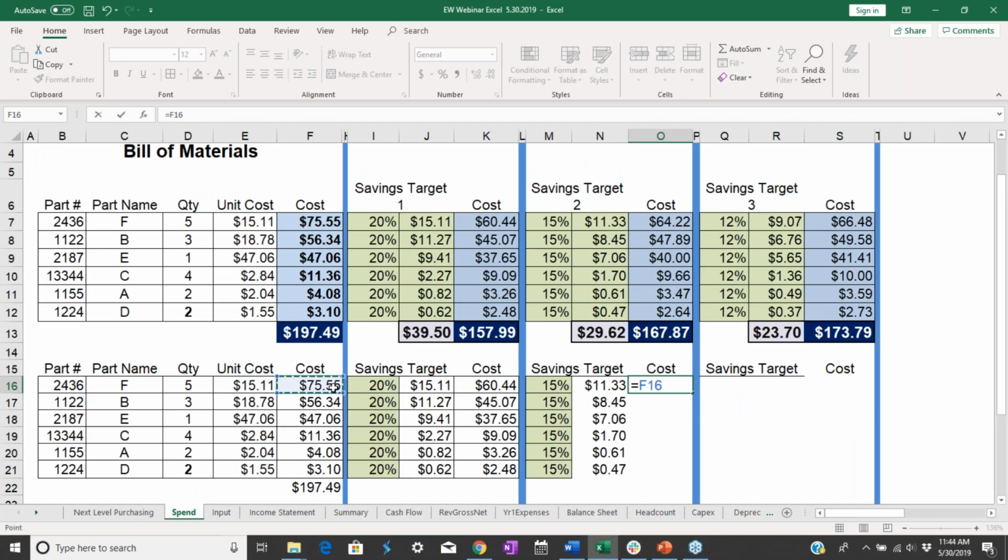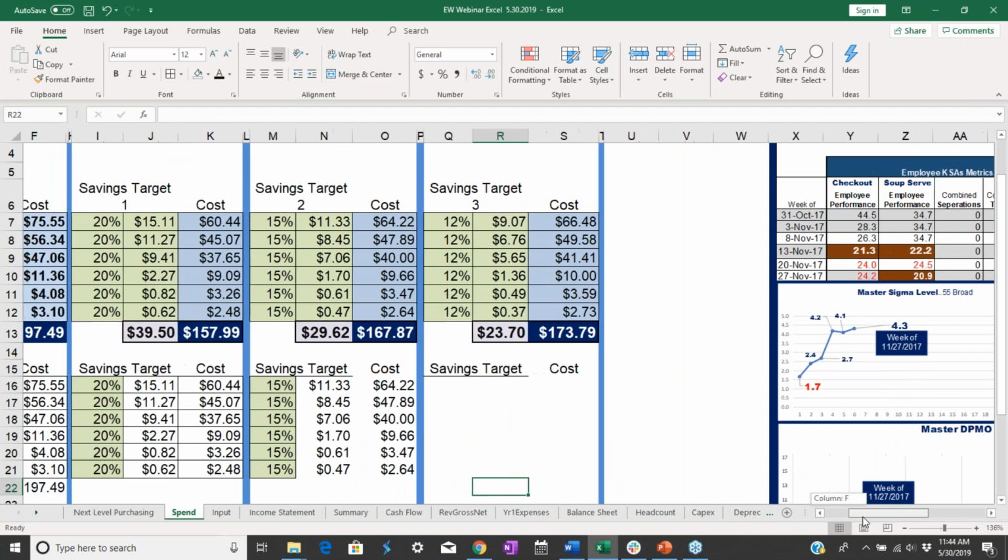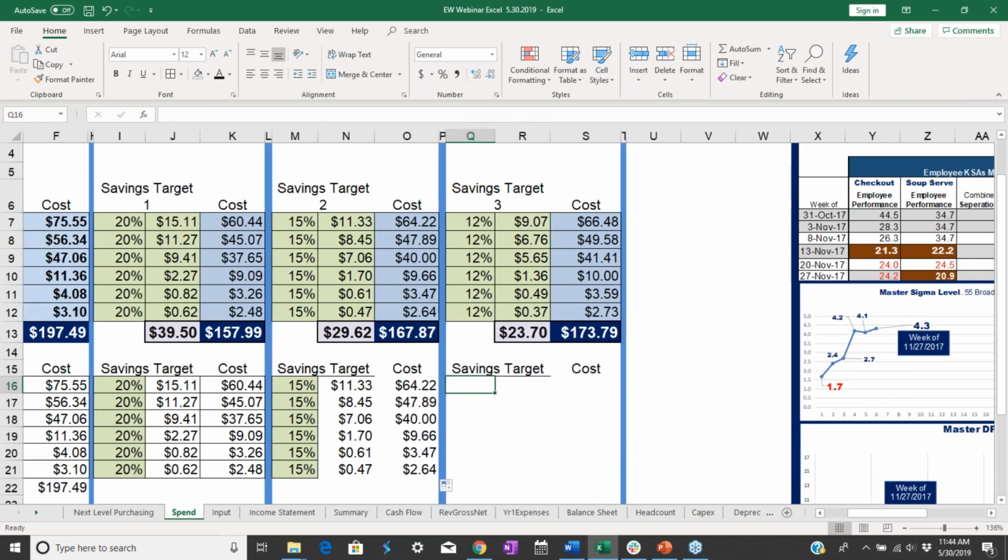At that degree of cost reduction, the new total cost of that part as per this product would be 6422, and the same thing over here.